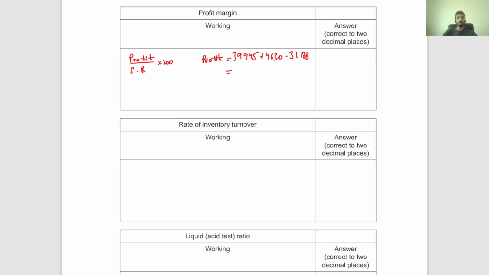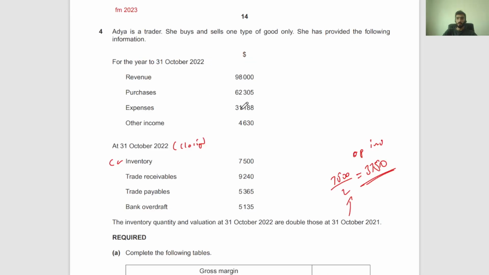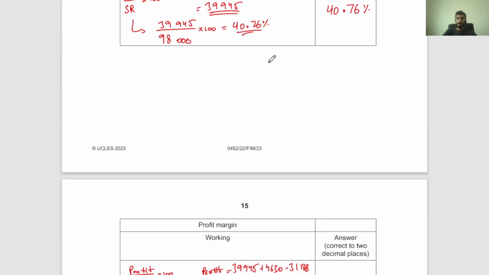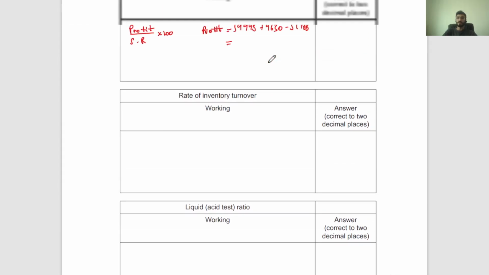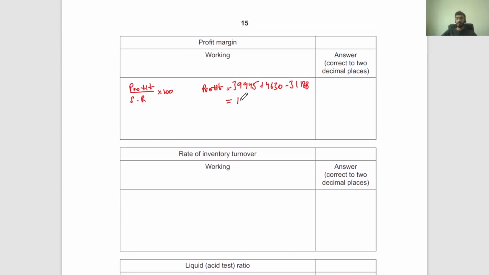I just want to make sure of that figure. That's right, and that's 13,387. 13,387 is our profit for the year.